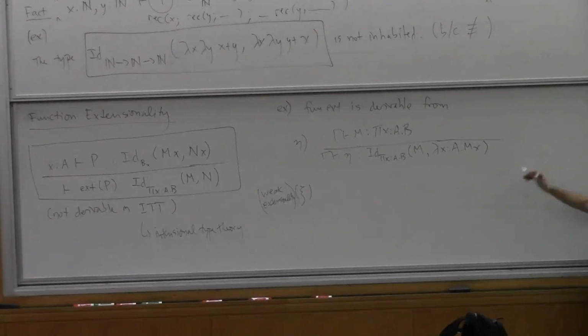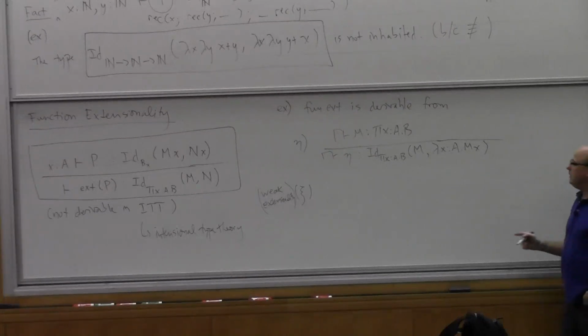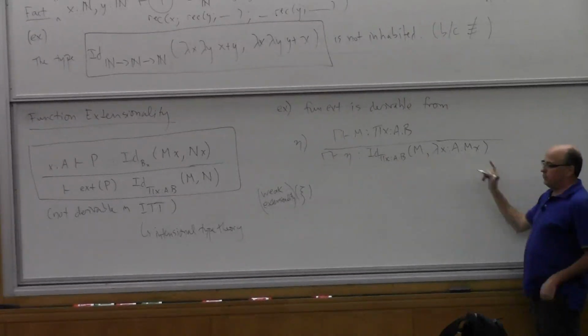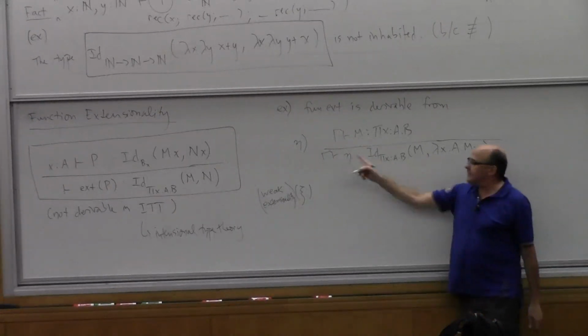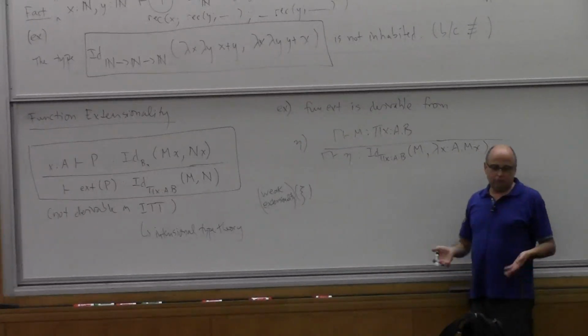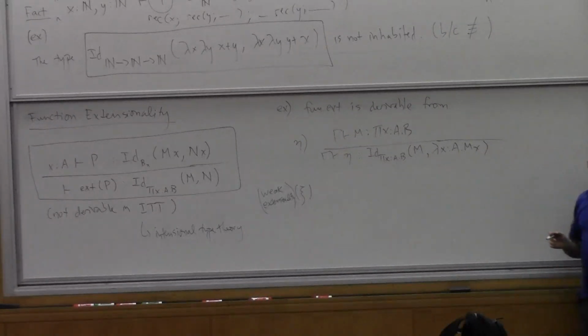Now, I'll get to psi in a second. One reason this might hold is that you postulate eta as a principle of definitional equality. You just say this is definitionally equal to that. Therefore, eta is just an instance of reflexivity, so there's nothing in addition. But I didn't include eta as a principle of definitional equality.